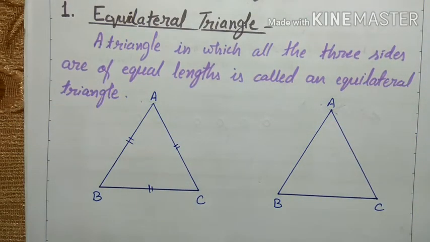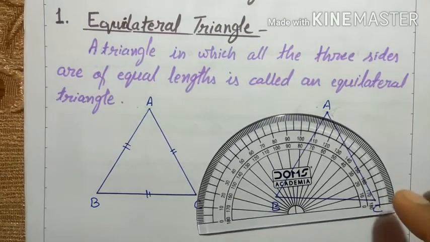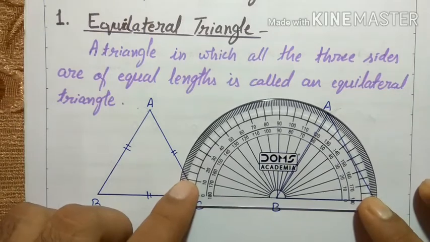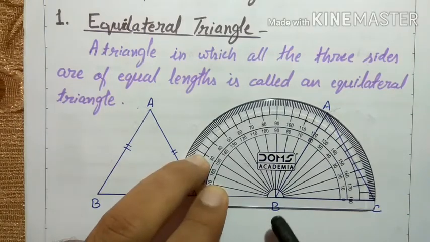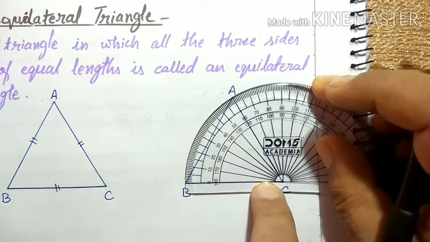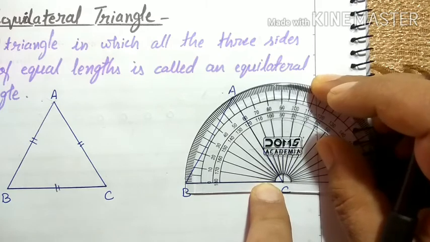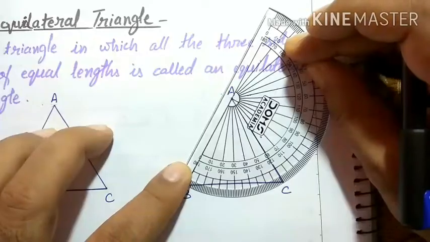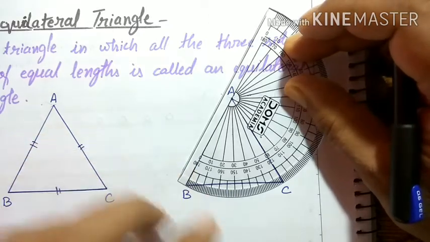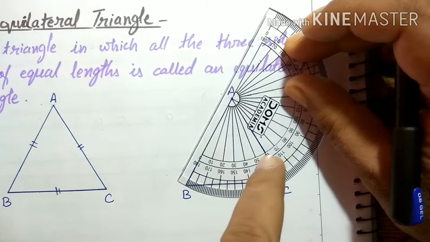Now check about angles. Let us check each angle of the triangle. Angle at vertex B is 60 degree. Now see, angle C is also 60 degree. So what about angle A? Now see, angle A is also 60 degree, from 0 to 60.